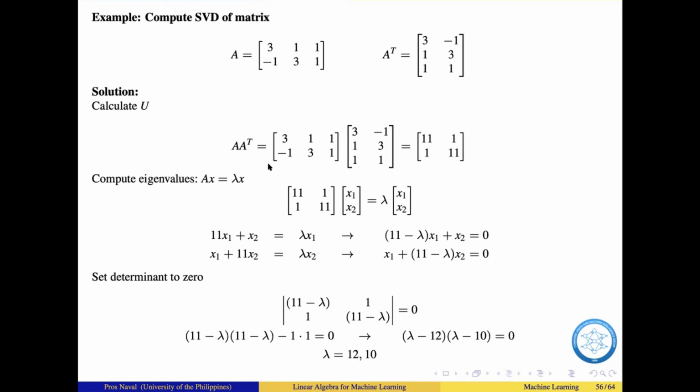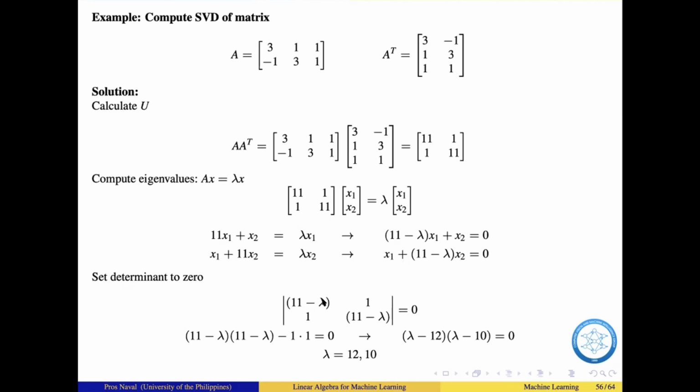Then we compute the eigenvalues by setting this equation, Ax equals lambda x. This is your new A, times x equals lambda times x1, x2. From here, you come up with a small system of equations and get the determinant of this system and set the determinant to 0.